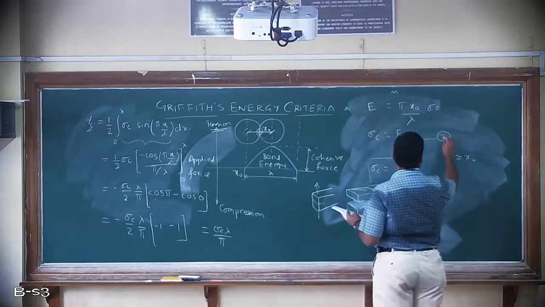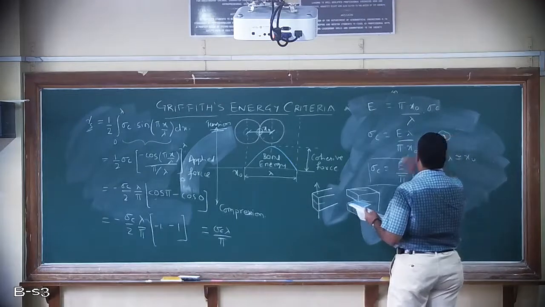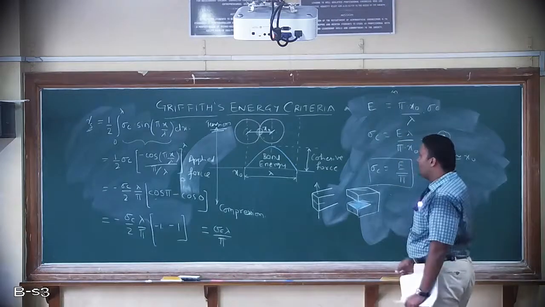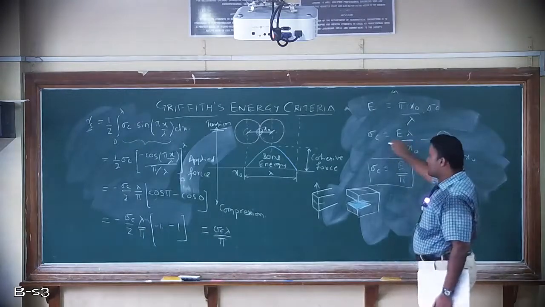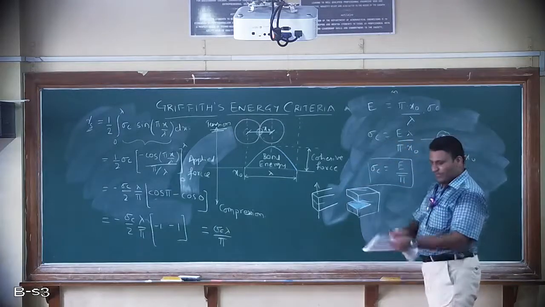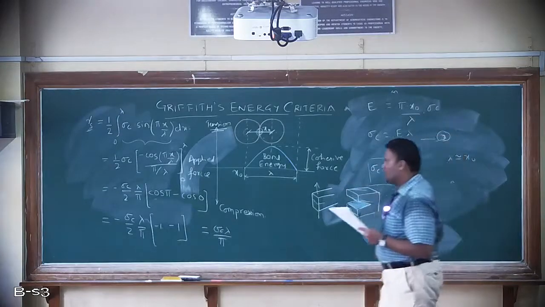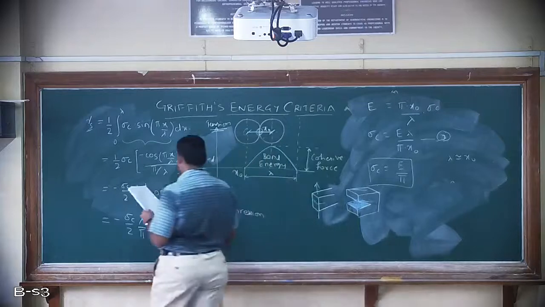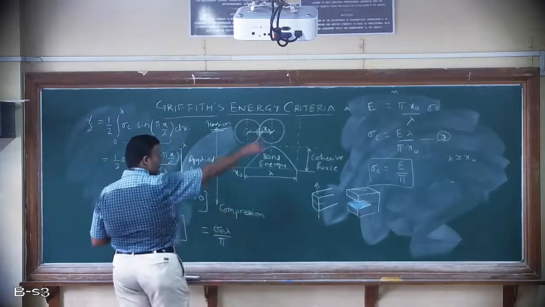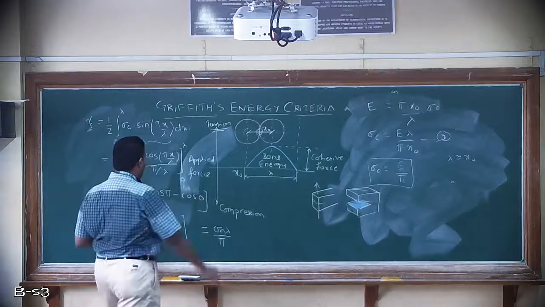Here we have this as equation 3. So when I substitute this equation 3, that is sigma c, in place of sigma c I substitute that equation 3 in the equation.